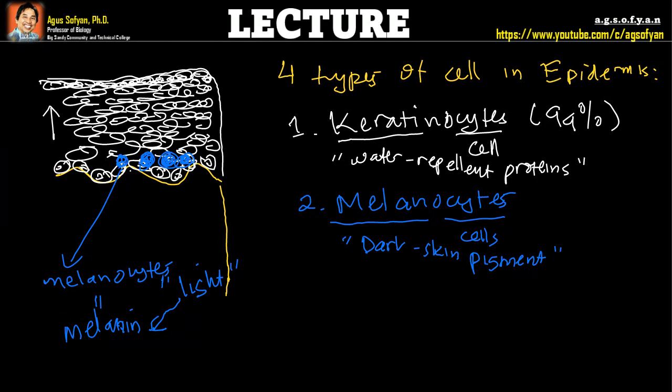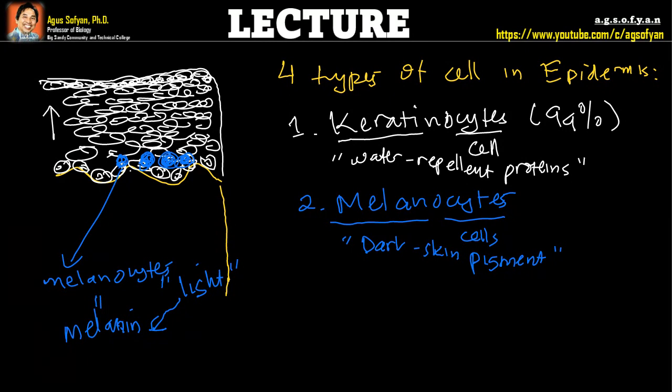It is also the reason why people that want a darker, tanning color go to the tanning bed, where they receive light to increase the melanin production. Okay, so melanocyte is the second type of cell in the epidermis.